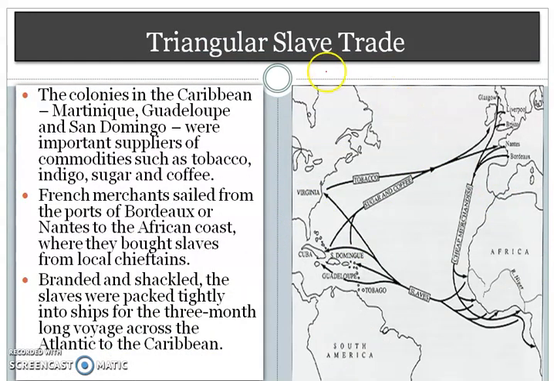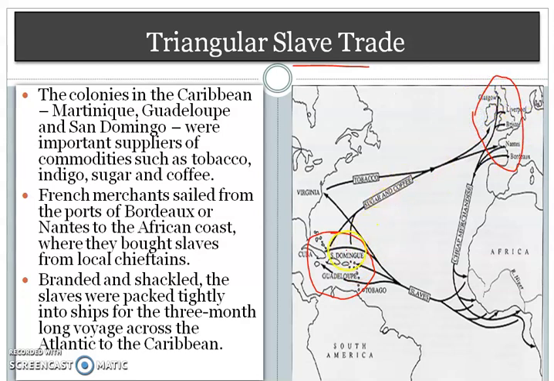Triangular slave trade. What does it mean? Look at the map very carefully. You will find here some islands. These islands are known as the Caribbean islands. Most of these islands were the colonies of the European powers.